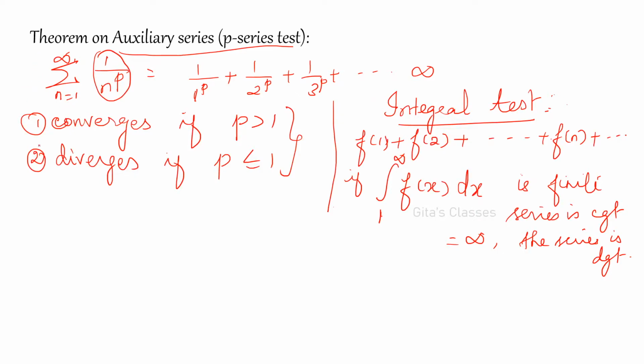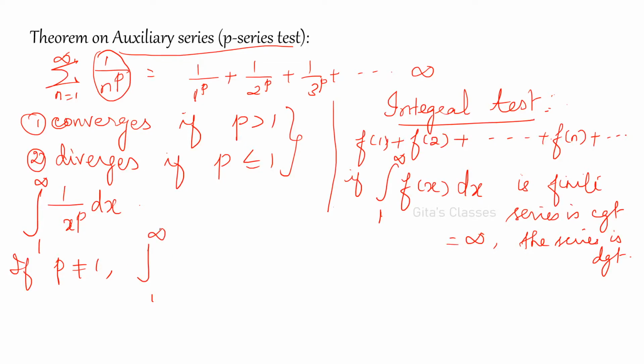So the integral from 1 to infinity of 1 by x power p into dx, right? So you have to prove that if this is finite, then it will be convergent. If this is infinity, then it will be divergent, right? So if p is not equal to 1, we will consider that first.